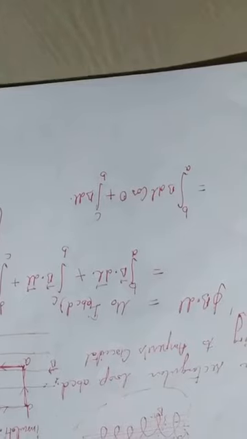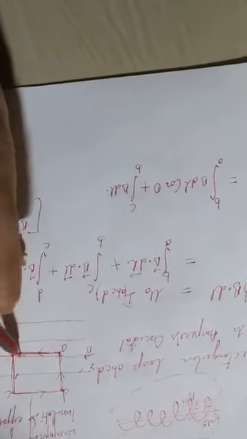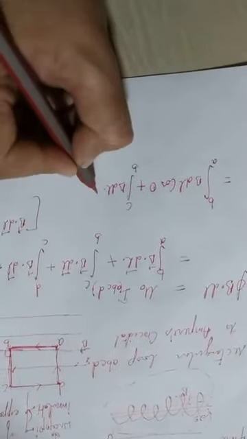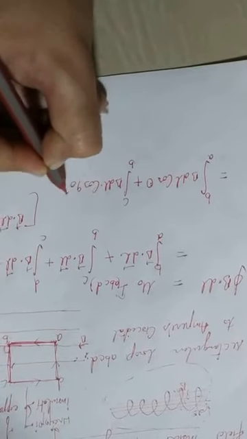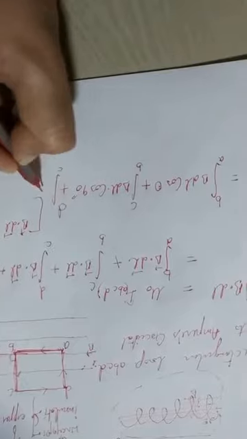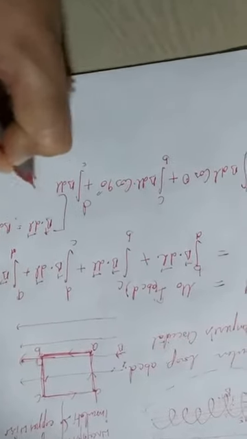Now for B to C, B is acting in this direction and the length is in this direction, so the angle between them will be 90 degrees. So here we take cos 90 degrees. Plus here, C to D, also B dl cos theta.